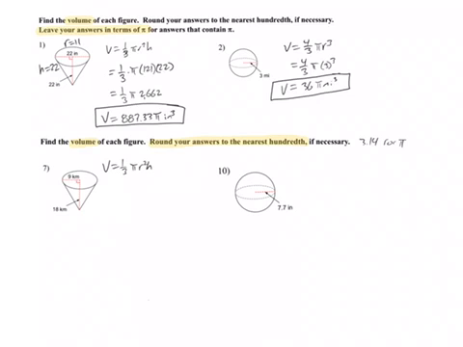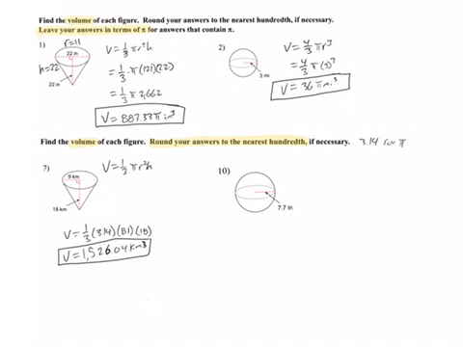So that means my volume is going to be 1/3 times 3.14 times r squared, which is 9, so it's going to be times 81, times my height, which is 18. Plug that in a calculator and you get 1,526.04 kilometers cubed.